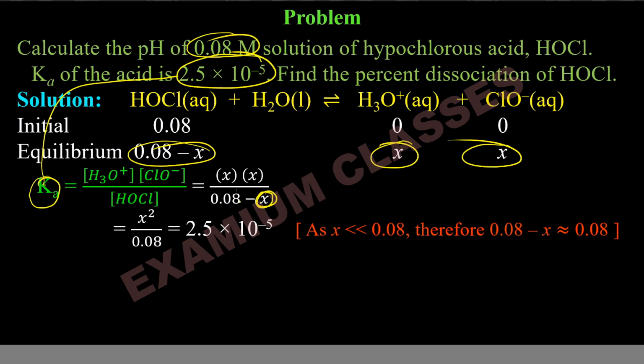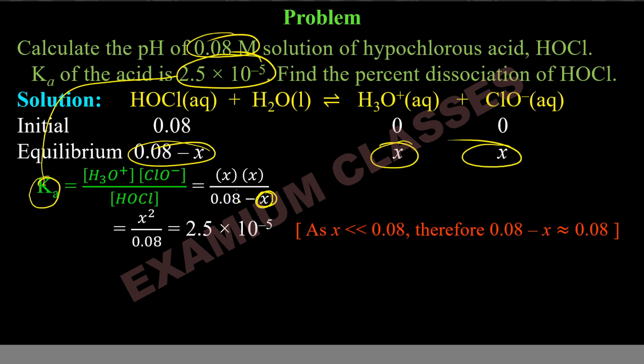It is actually C, and x is also C alpha. C is 0.08 here in this case, will be approximately equal to C. Why? Because 1 minus alpha will be approximately 1. Alpha is negligible. The dissociation will be negligible. The part which gets dissociated is negligible. So as compared to 1, the part of 1 which is dissociated is negligible. So this is 1. C into 1 will give you C.